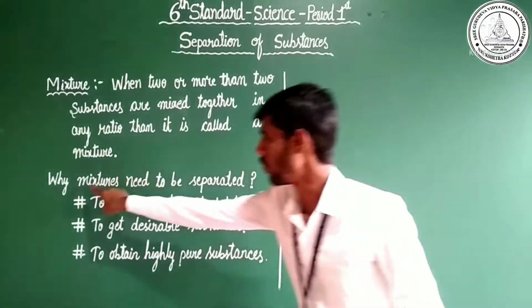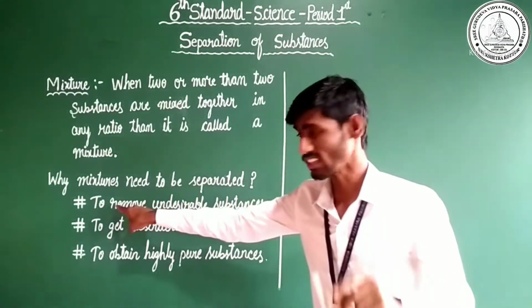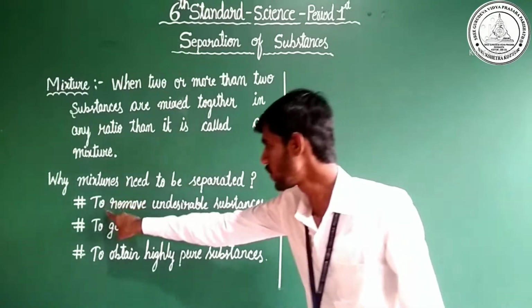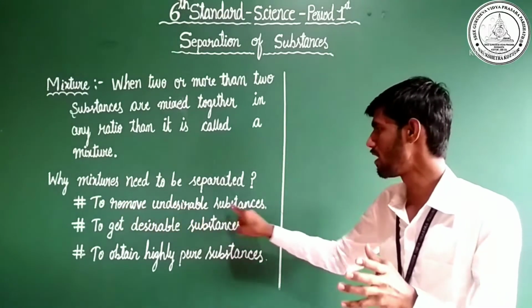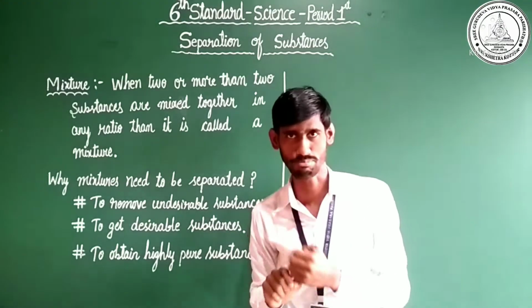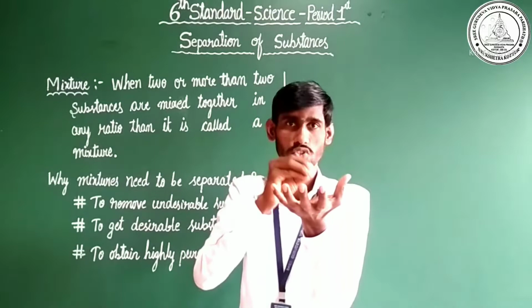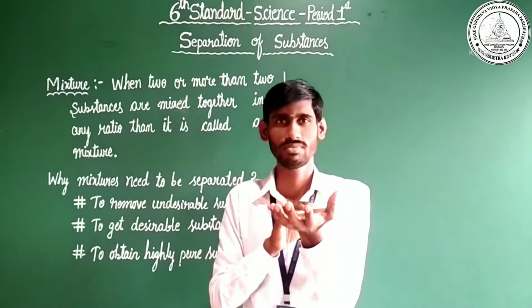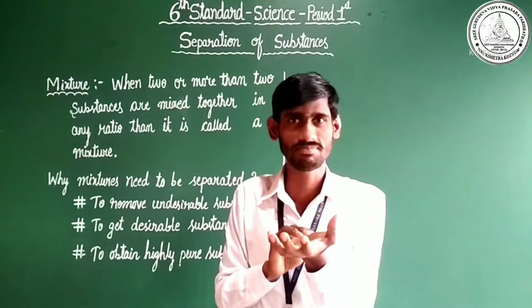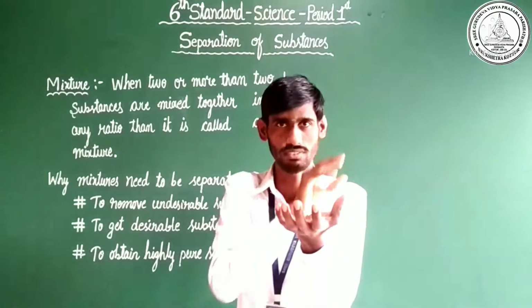Observe here why mixtures need to be separated. The first valid reason is to remove undesirable substances. For example, in a packet of rice, there are stones as well as rice. Shall we use it as it is? No. The undesirable substance is nothing but stone.